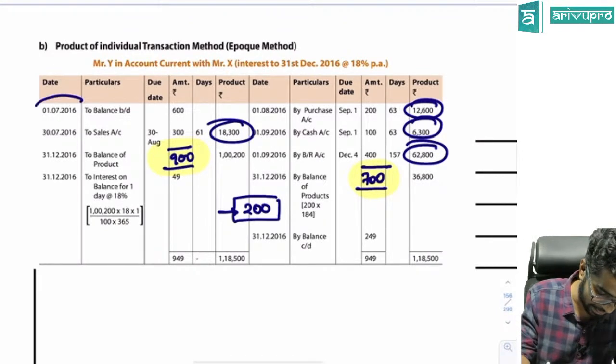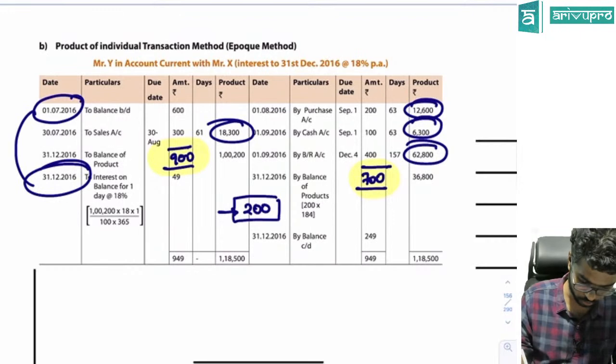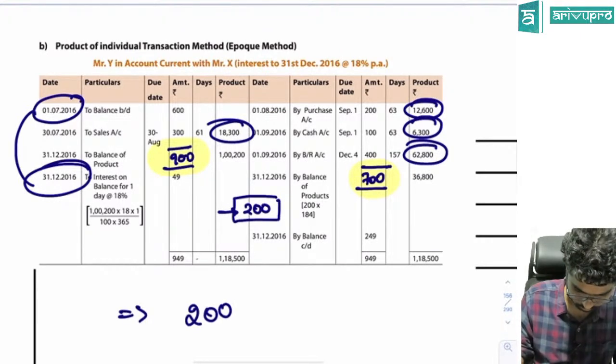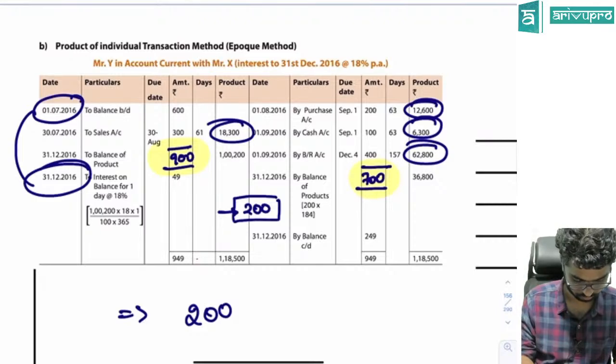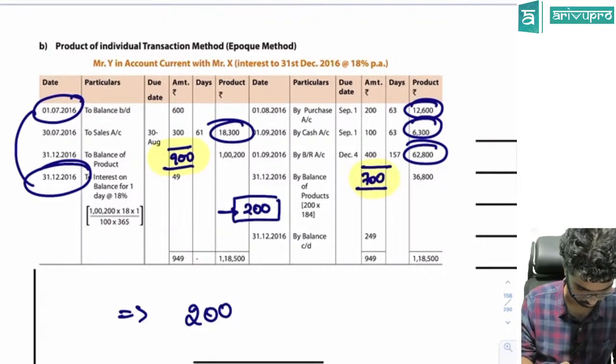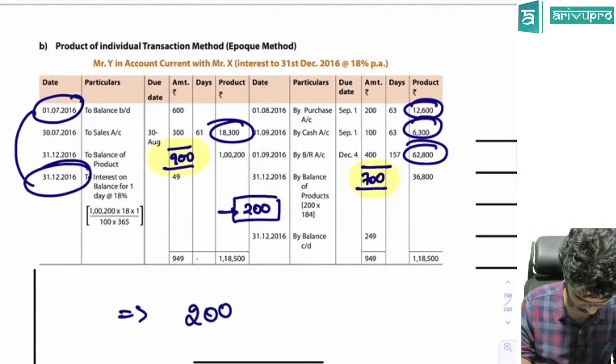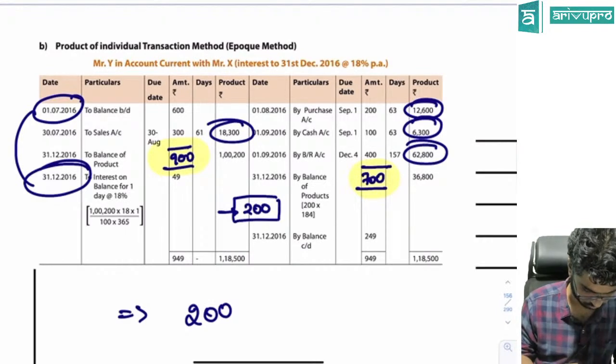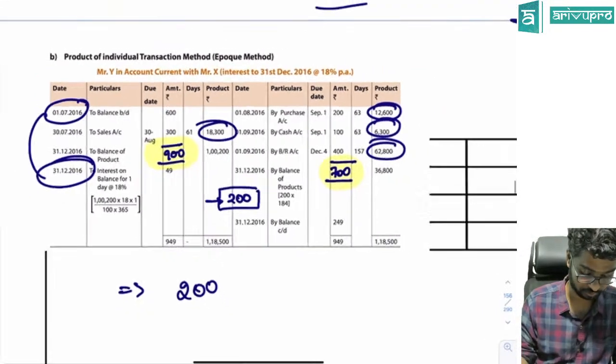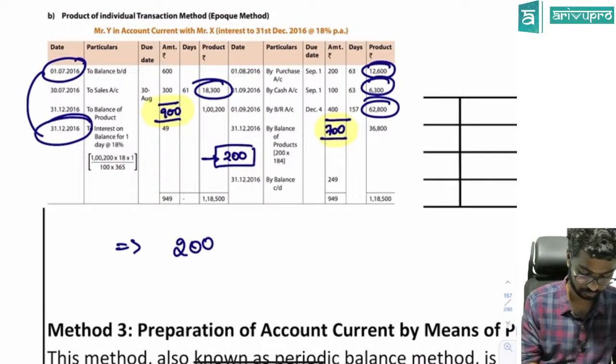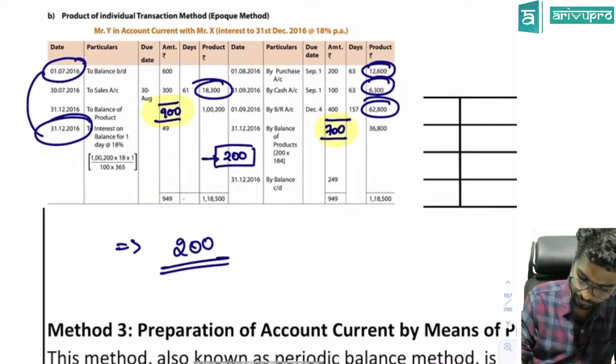This 200 I'm gonna be calculating from the date to the closing date. Done.